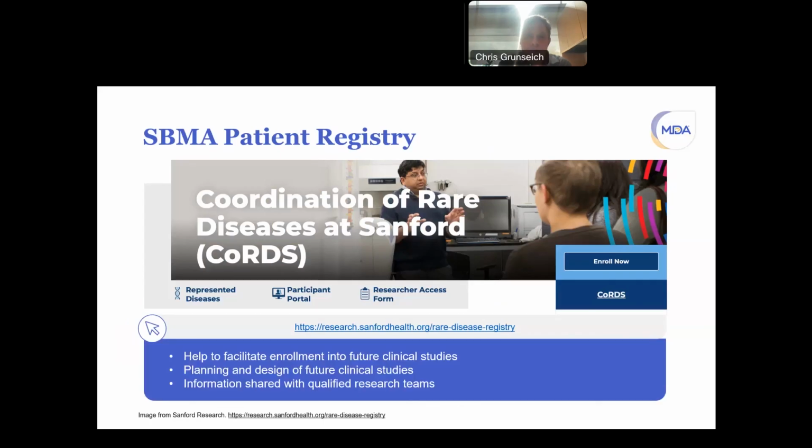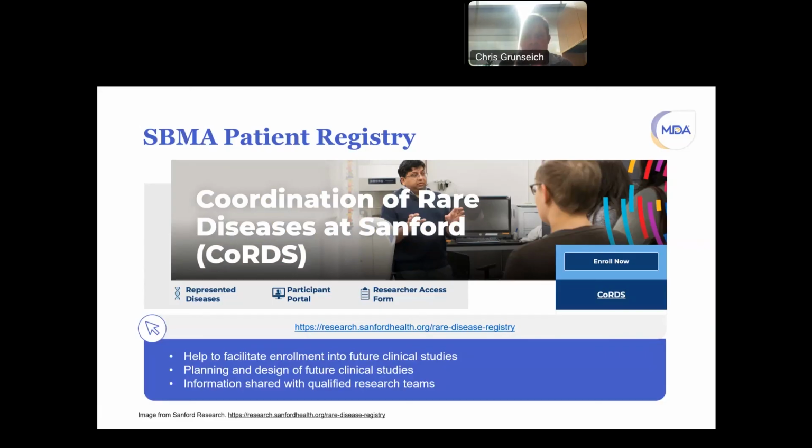The registry for SBMA patients is very important. This registry is set up by a nonprofit group, the Sanford Chords, and this was set up by the Kennedy's Disease Association and collaborators to help facilitate patient enrollment in future trials. This is such an important point to identify where patients are across the globe who are interested in participating in studies.